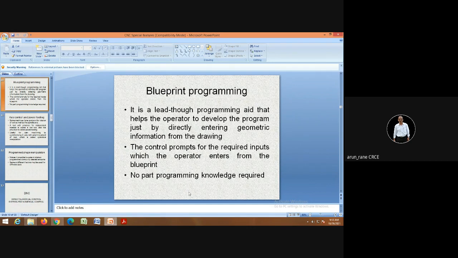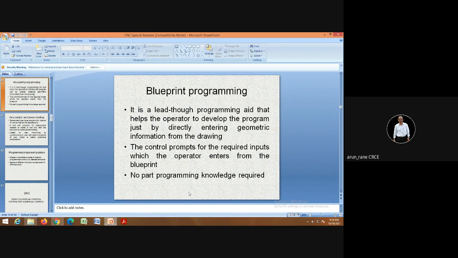Another feature is blueprint programming. Blueprint programming is the menu-driven program in which you are not required to know the codes. It is menu-driven, that is, the GUI, graphical user interface, is designed in such a way that it keeps on asking questions and you have to simply answer them.